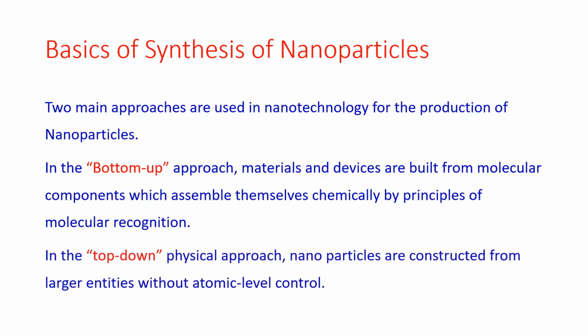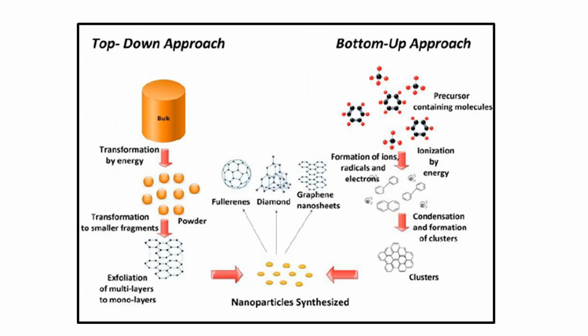And in the top down physical approach, nanoparticles are constructed from larger entities without atomic level control. So these are the two approaches for the synthesis of nanoparticles, the bottom up or top down.